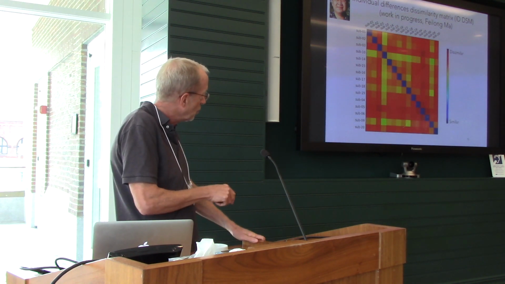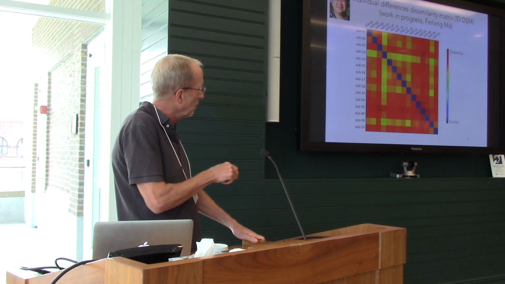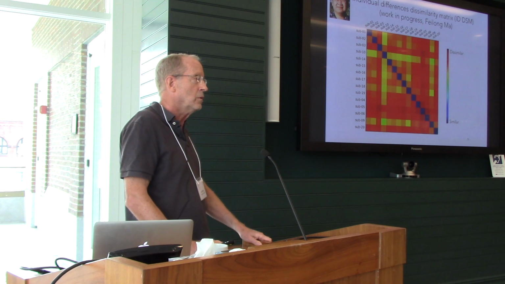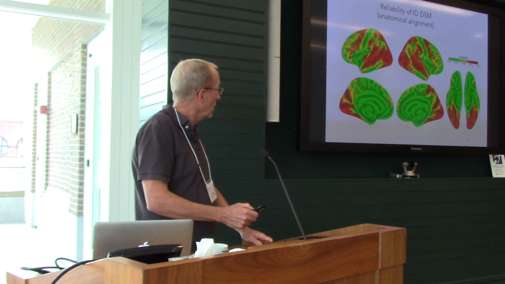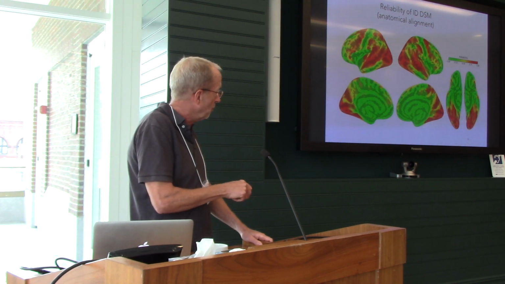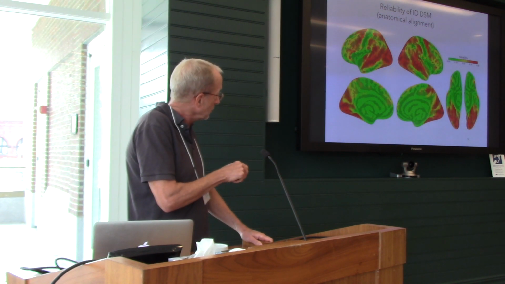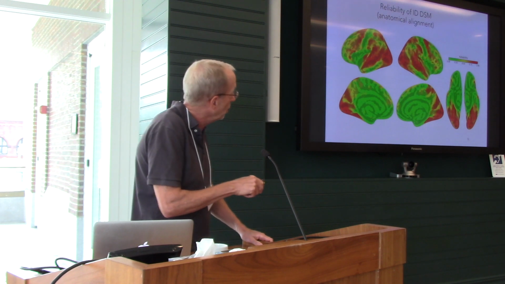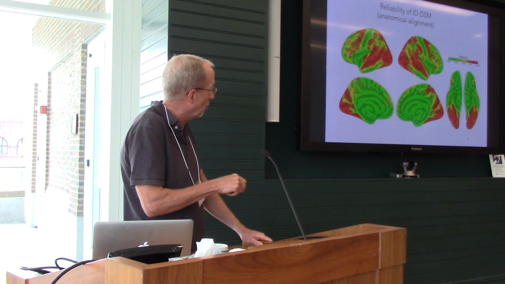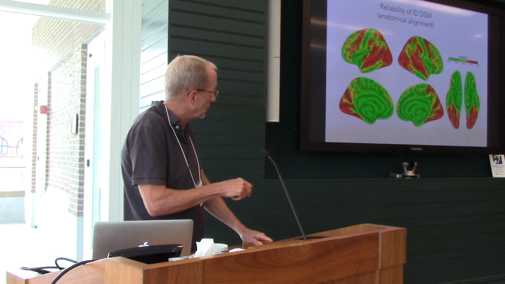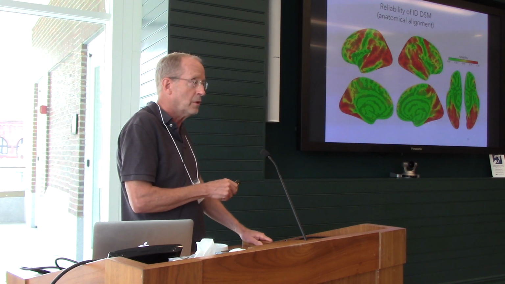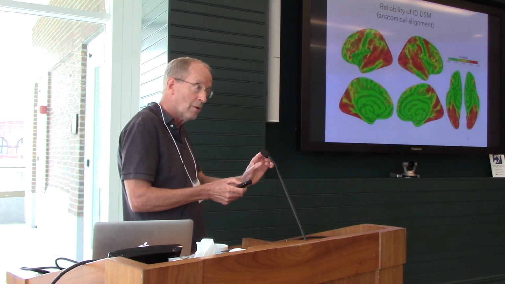Now, is the structure of this individual difference space less reliable after hyperalignment? This is the reliability of this space for local fields. You can see it's most reliable in the sensory perceptual areas, but still there's some reliability in prefrontal cortex and so on. After hyperalignment, we would expect this to go down because the differences between brains are smaller.